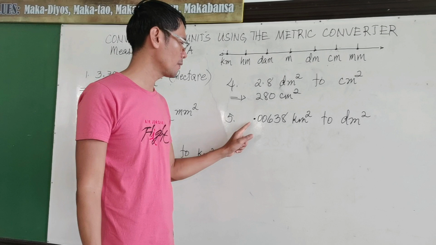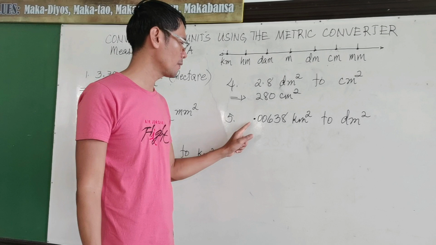Okay. So, there. Our 0.00638 square kilometers is equal to 638,000 square decimeters. Okay? So, is it correct? 1, 2, 3, 4. 4 times 2, 8.